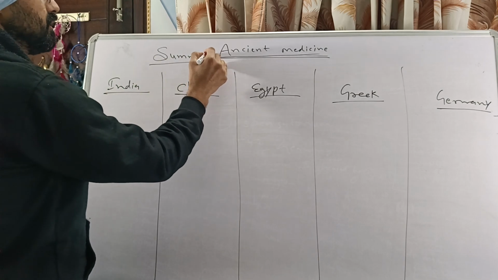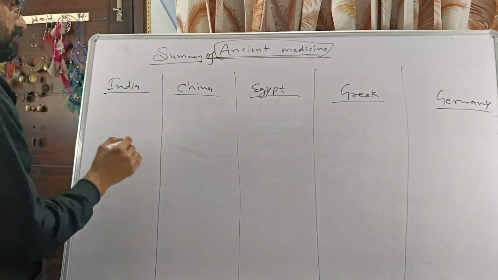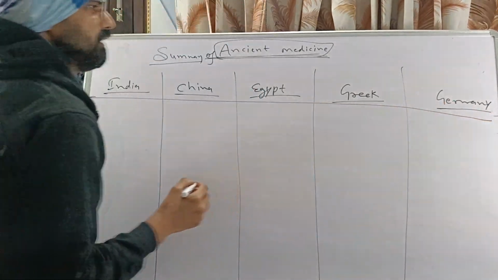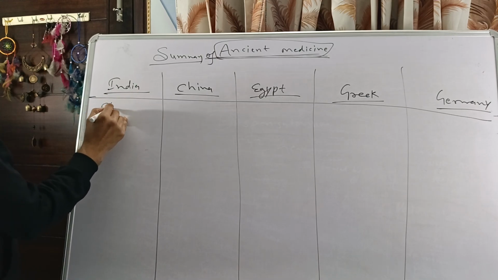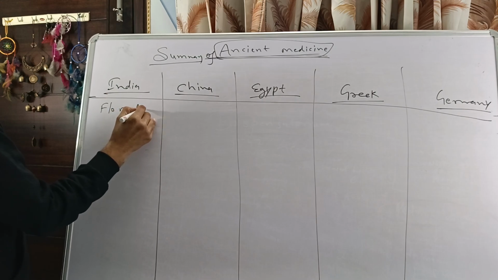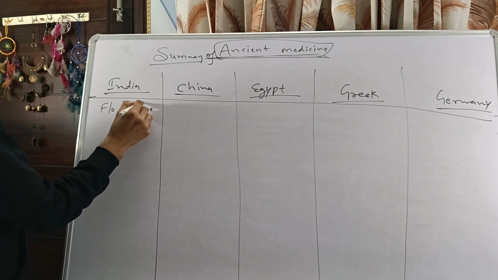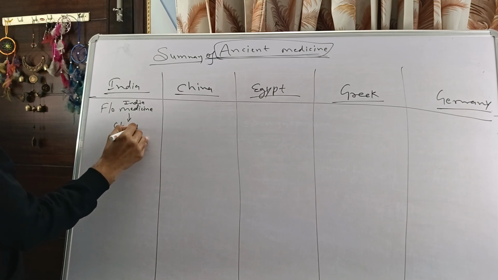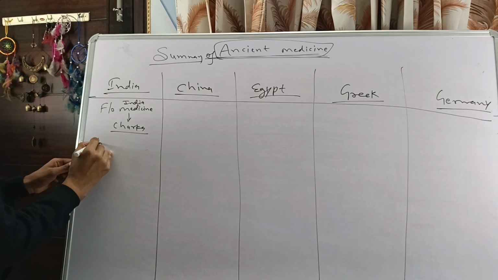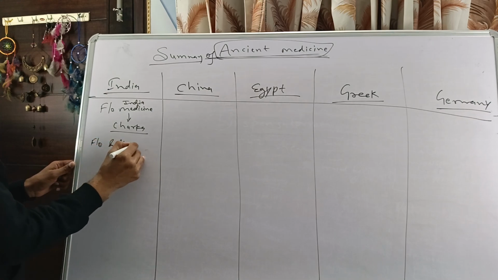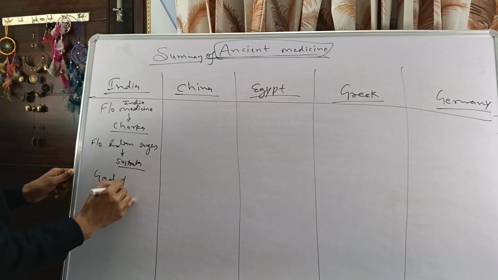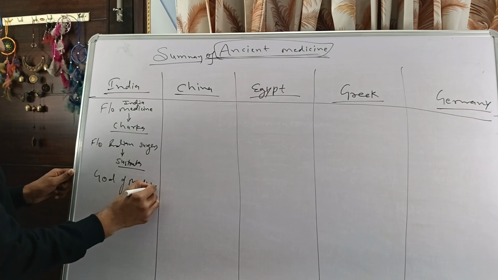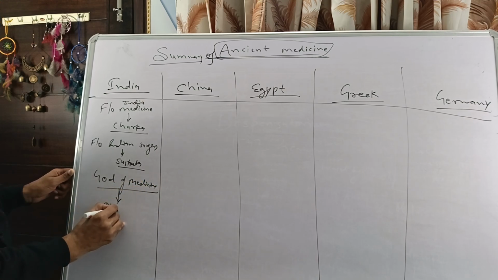This is the summary of your ancient medicine, as we started with India and went up to Germany. In India, what we have seen: the father of Indian medicine was Charaka, the father of Indian surgery was Susruta, and the god of medicine is Dhanvantari.